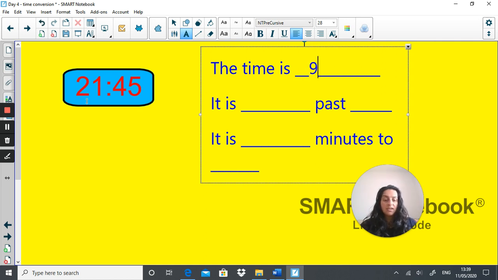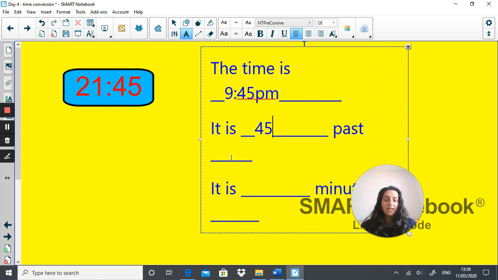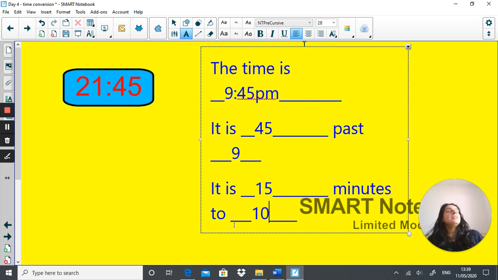So the time is 9:45 p.m. It is 45 past 9, or it is 15 minutes to 10. So these four things are the same way of saying the same time.